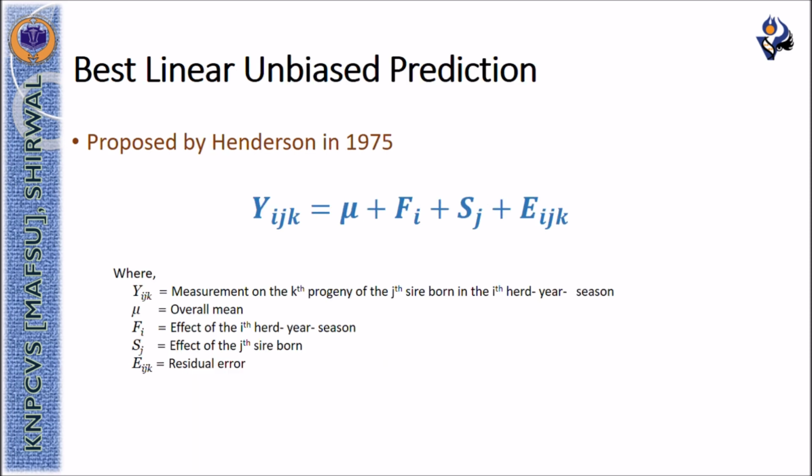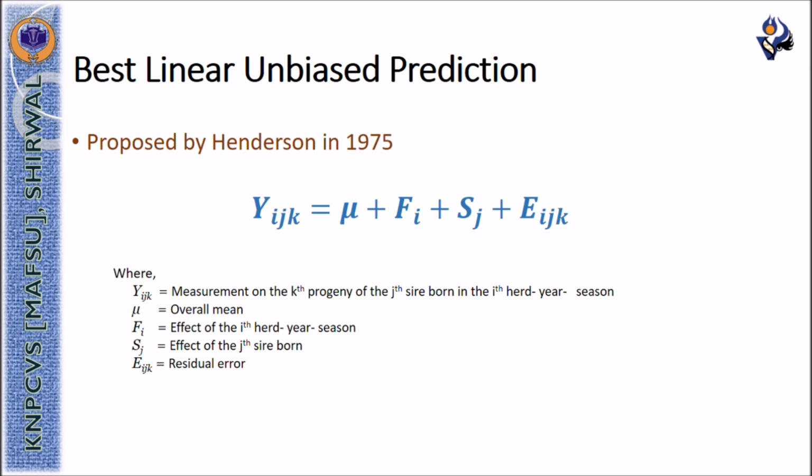The best linear unbiased prediction proposed by Henderson in the year 1975 is used to calculate the sire index as Yijk is equal to mu plus Fi plus Sj plus Eijk, where Yijk is the measurement on the kth progeny of the jth sire born in the ith herd year season.